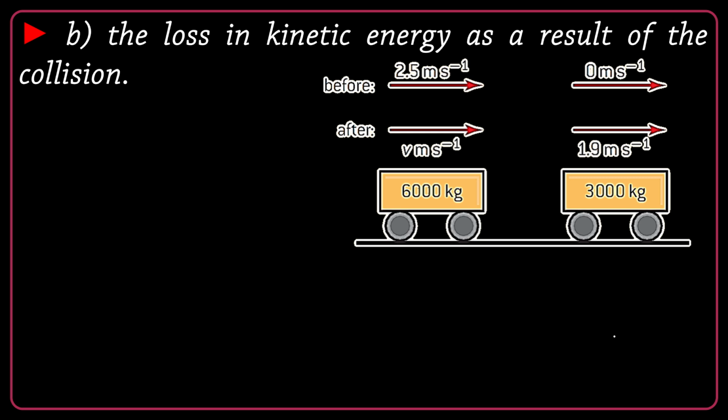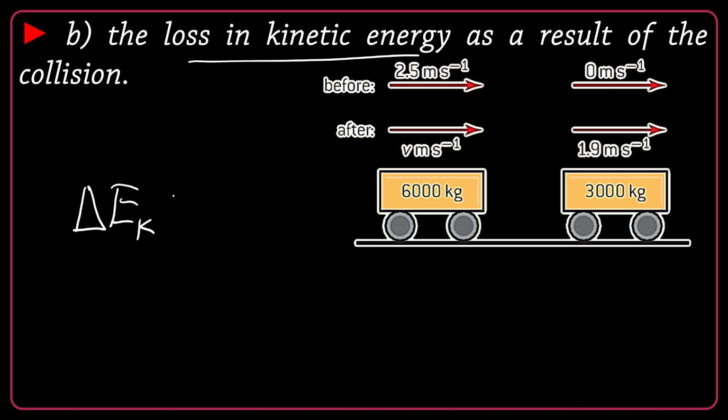Part B, the loss in kinetic energy. It's interesting. This part is explicitly mentioning that kinetic energy conservation is violated. Anyway, the loss in kinetic energy as a result of the collision. What should I do? It's very easy. Loss in kinetic energy means that I should find delta EK.